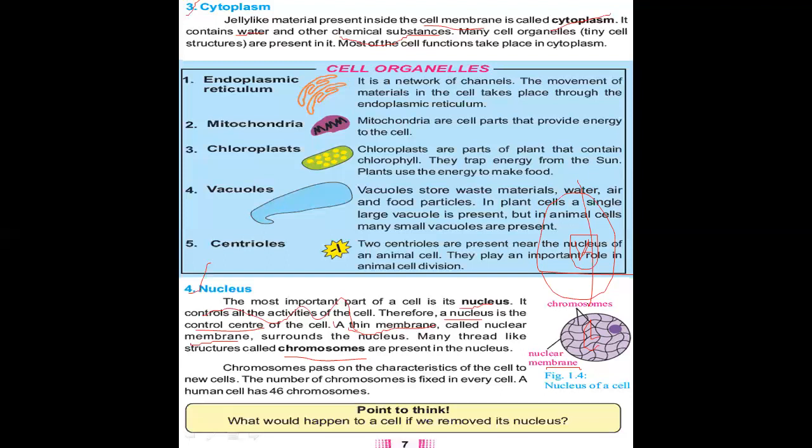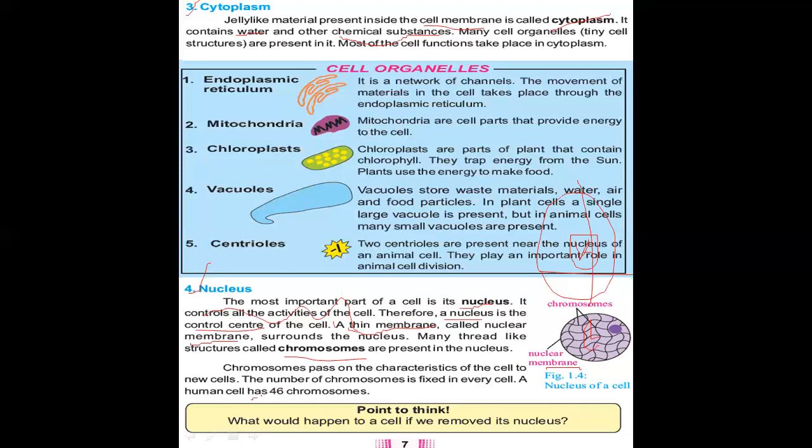And so these chromosomes also divide with the cell and with the nucleus. And when the chromosomes divide, it means the characters and the qualities which are present in any type of cell or any type of organism are distributed into the other cells as well, and they transfer those characteristics.